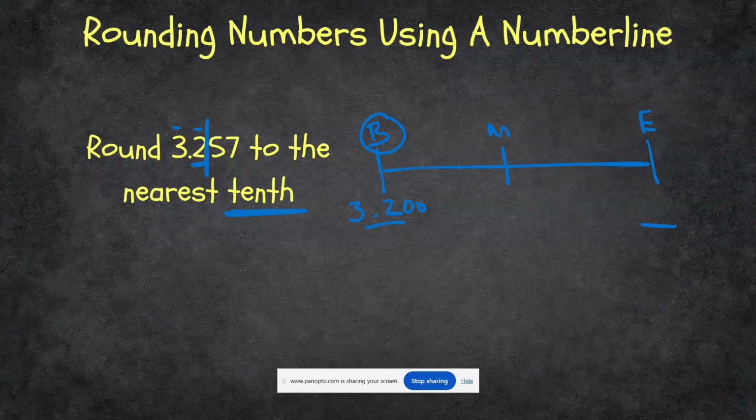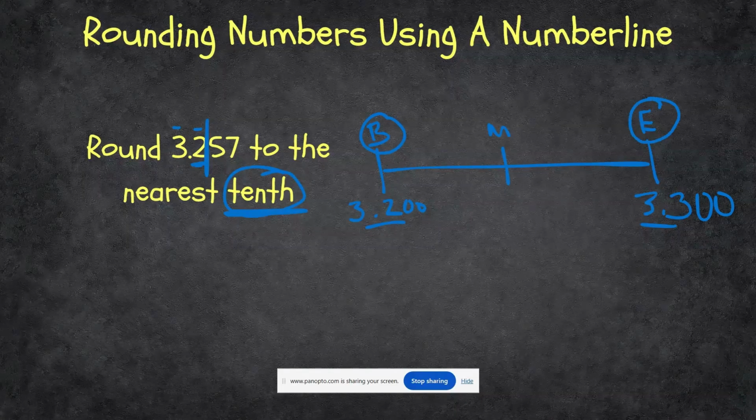Now, if I go one more tenth up, think about 3.2 plus a tenth. What would be that next tenth? Well, 3.3. See how we just increased by 1/10? That's going to be our ending point.